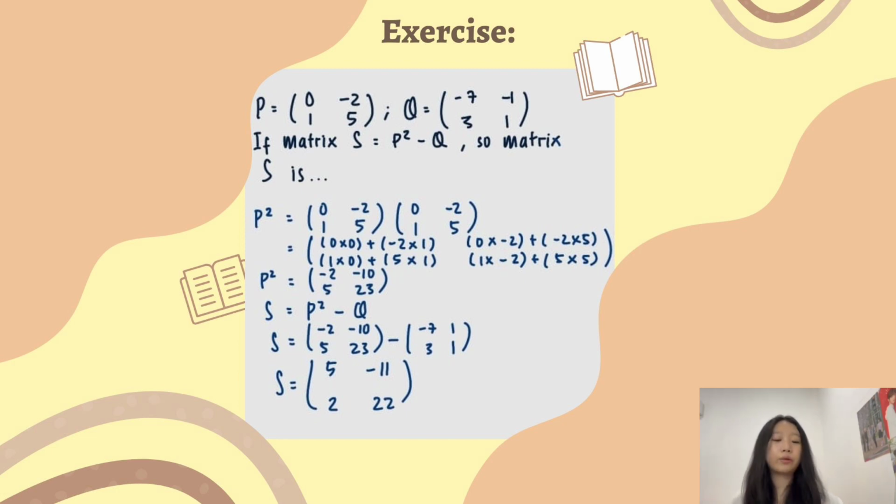So for the matrix of S, it was -2 minus -7, and it was 5. And for the second one, it was -10 minus 1, which remains -11. 5 minus 3, it was 2. Then 23 minus 1, it was 22. So the matrix of S was 5, -11, 2, and 22.